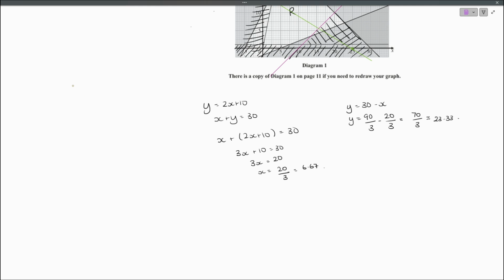So we've got a solution that's not quite an integer: 20/3 and 70/3, or approximately 6.6 and 23.3. Maybe say 6.7. So the x value smaller than this is going to be 6, and the x value larger than this is going to be 7.